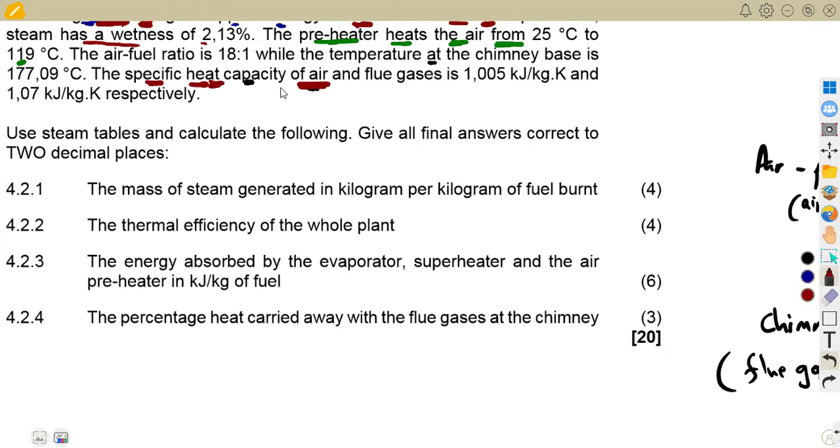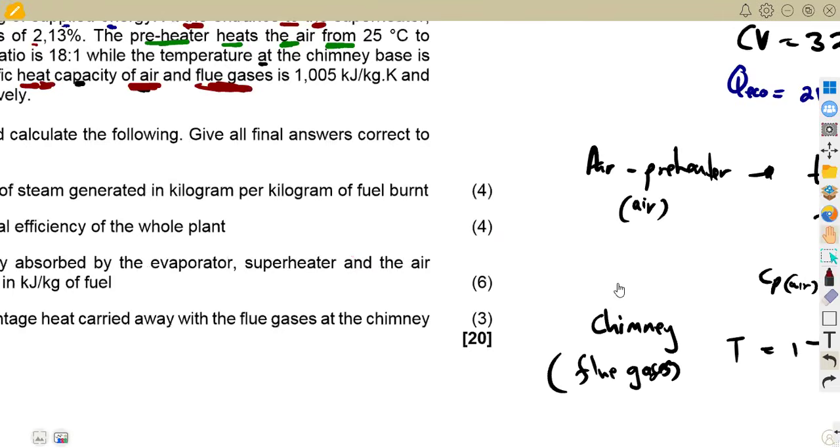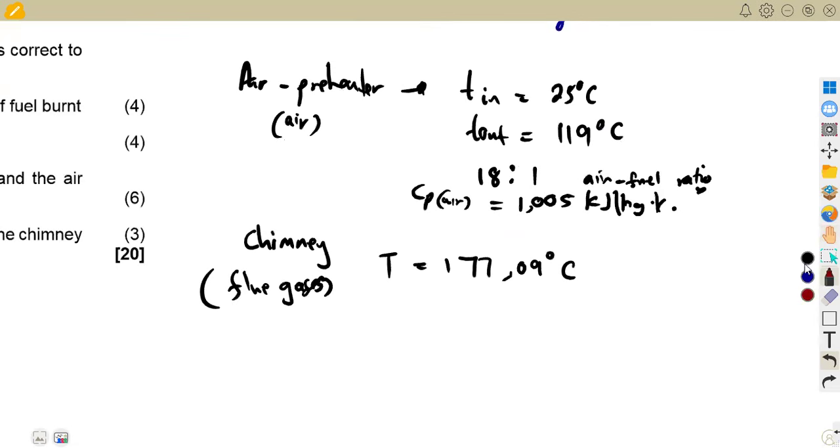This heat capacity again, but this one is for flue gases. The first one is for air, then the second one is for the flue gases. Definitely, guys, they are dry. So this is Cp for the dry gases in this case, which is 1.07 kilojoules per kg Kelvin. So this is what we are given.